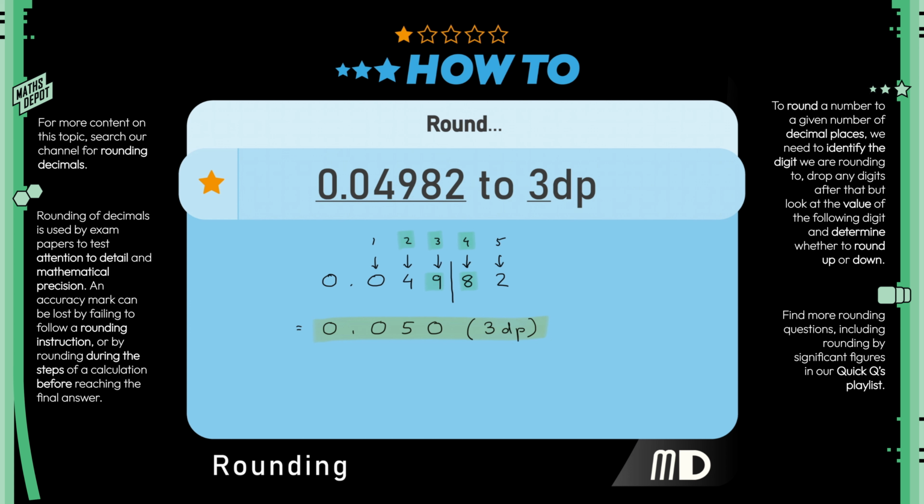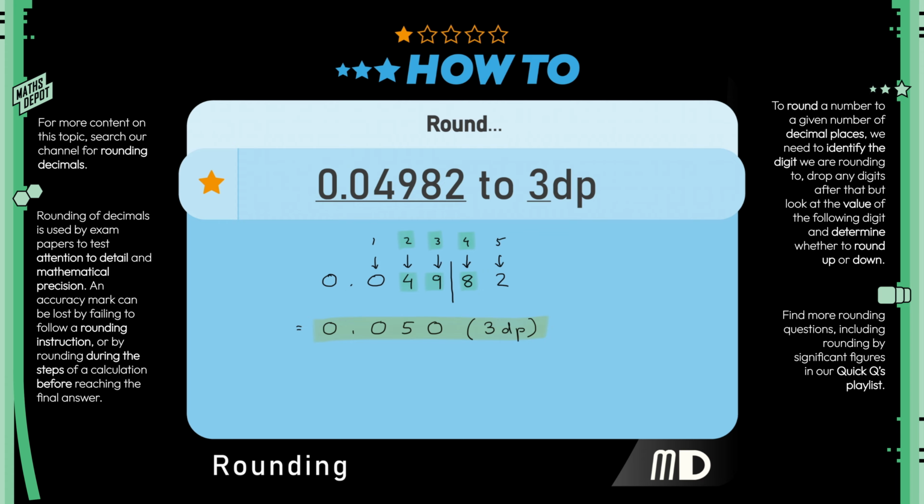The only way we can increase 9 by 1 is to change the 9 to a 0 and increase the digit before it, which is a 4, by 1. So the 4 becomes 5 and the 9 becomes 0, giving us the rounded decimal 0.050 to 3 decimal places.